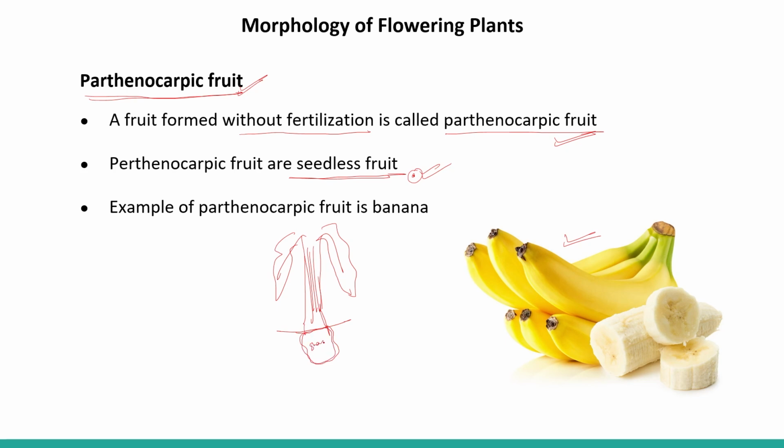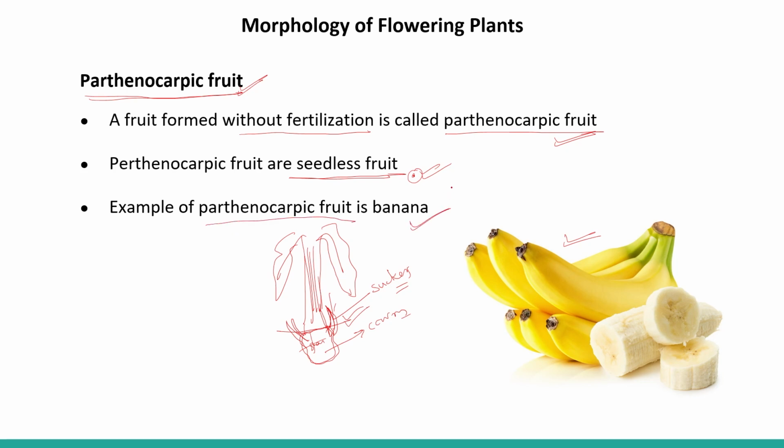This is the stem part underground. This is called a corm. And from this, small suckers come upward and form a new plant. So this is like vegetative propagation. If you cut this corm and place it in soil, it will again give rise to a new banana plant. Okay. So an example of a parthenocarpic fruit is banana.